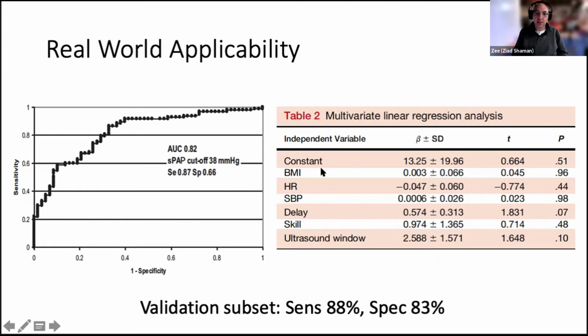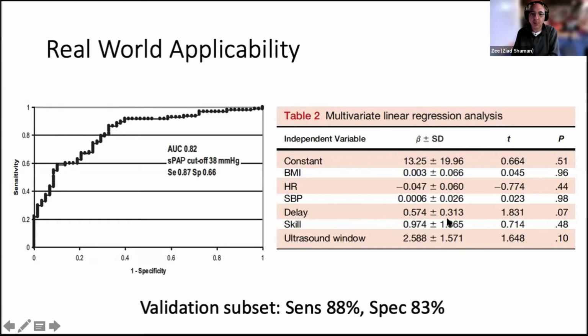They found that BMI didn't really result in a big difference in the measurement. It was not a predictor of failure of measurement. Heart rate was not. Systolic blood pressure was not. The delay between getting the echo and the cath, although in all of their subjects the echo and the cath were done within 2 days, but a day versus less than a day didn't predict a big variability.